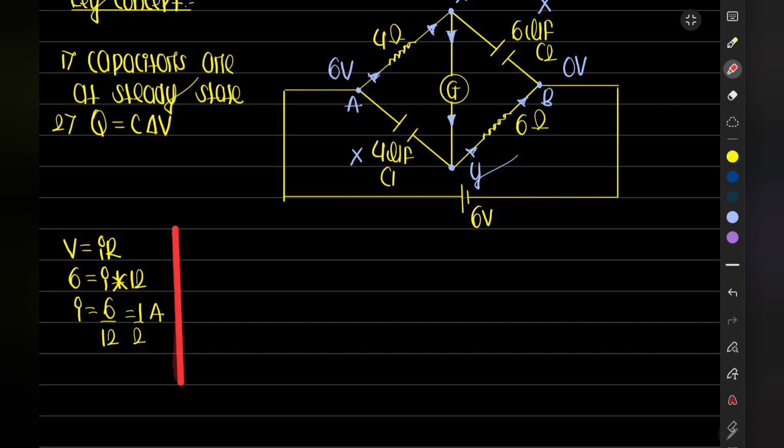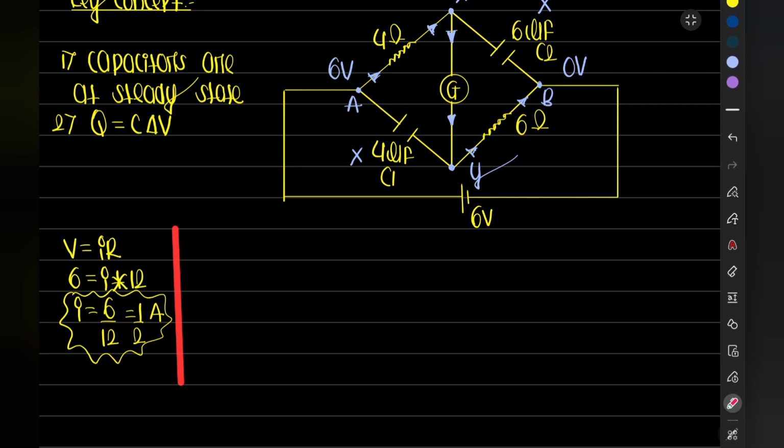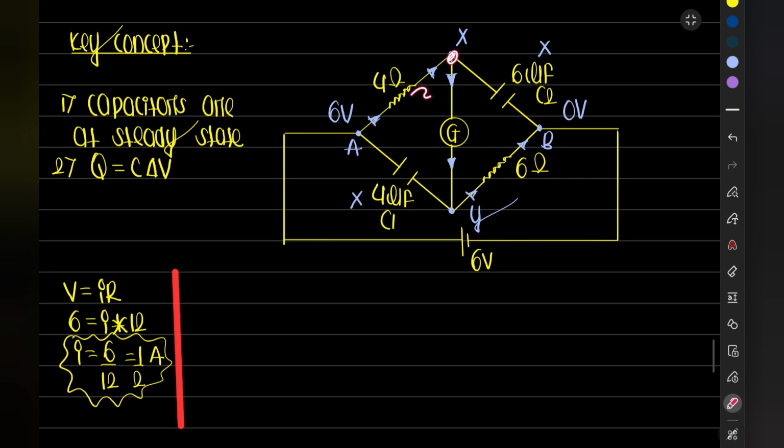Now we got the value of current. Next task is to find the potentials. First I will find the potential at point X. Current is passing from A to X, which means A will be at the higher potential and X at the lower potential. So again V equals I into R: potential at A minus potential at X equals current into resistance along this path.